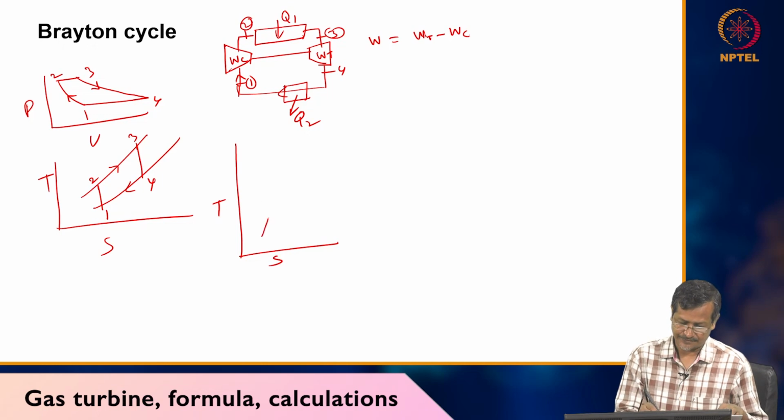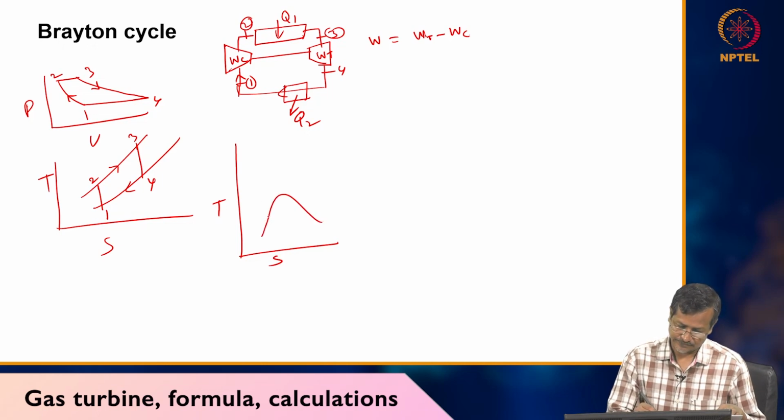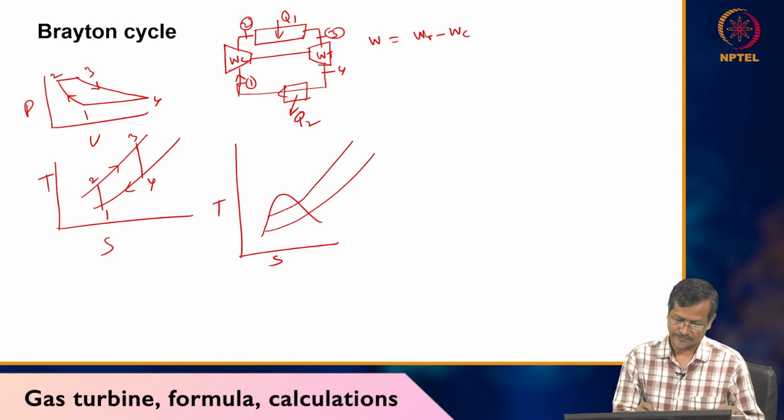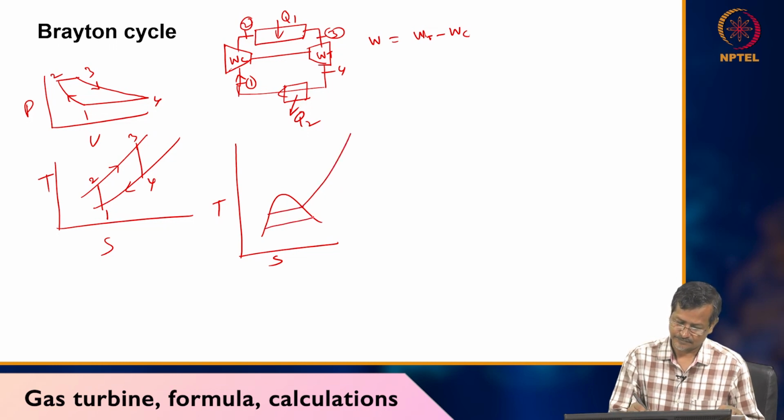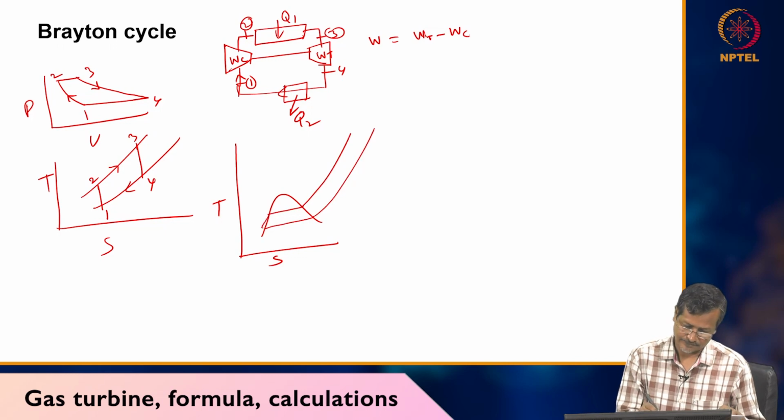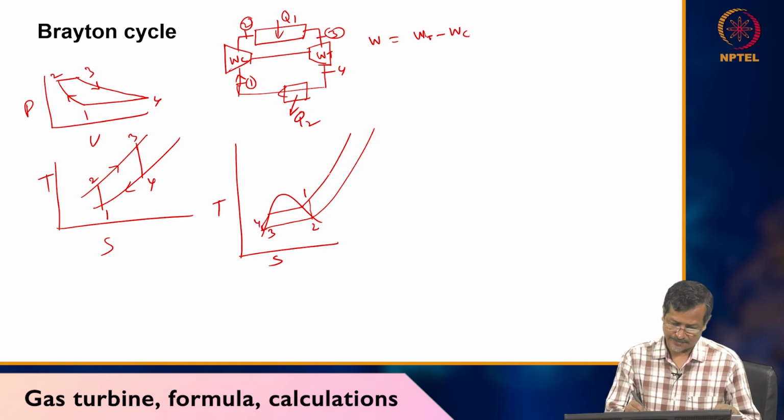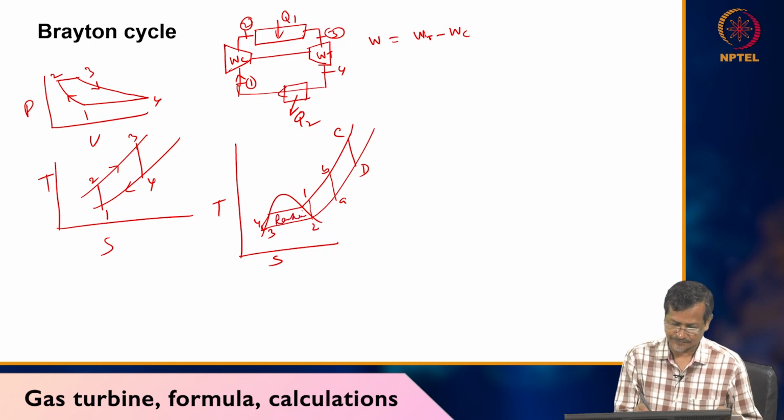TS diagram, 1 2 3 4, then A B C D. This is Rankine, this is Brayton.